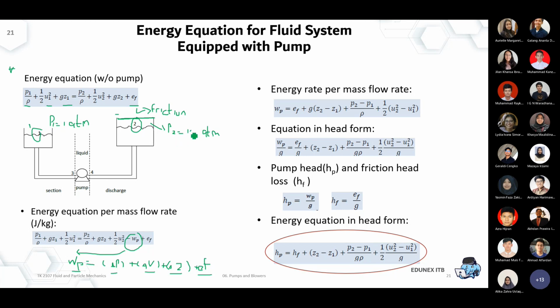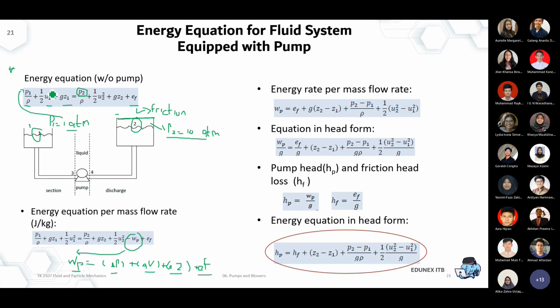Let's say I want to compress the water to 10 ATM or 10 bar, then this number has to be provided for a closed system. That number can be put in P2, and the 1 ATM can be put as P1.